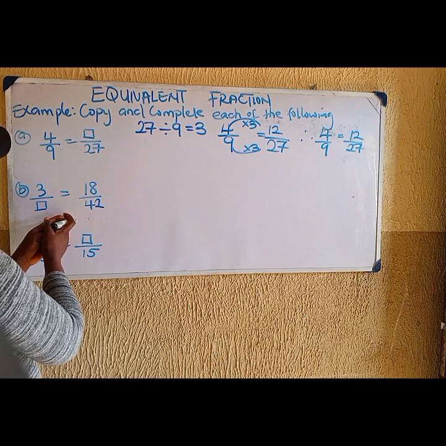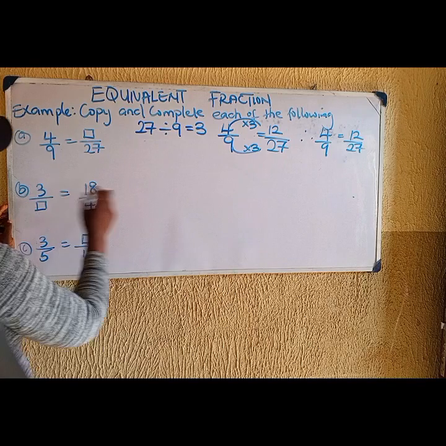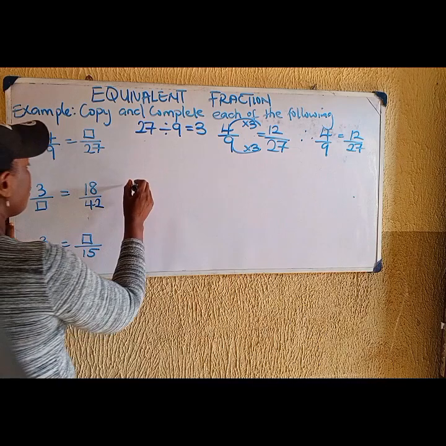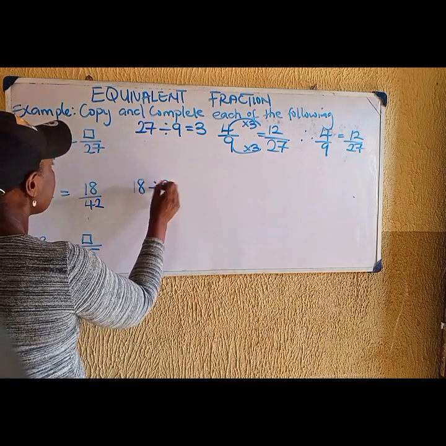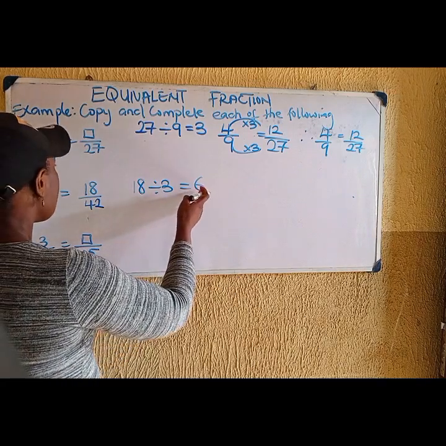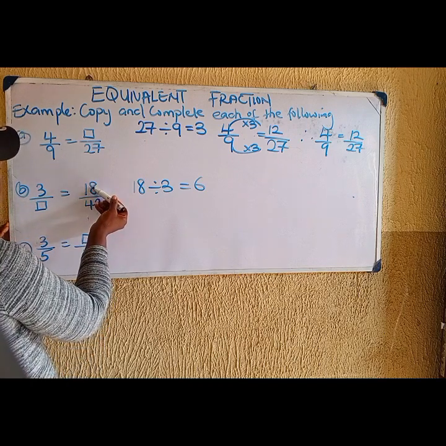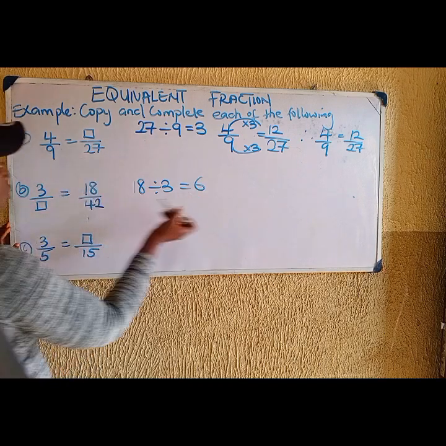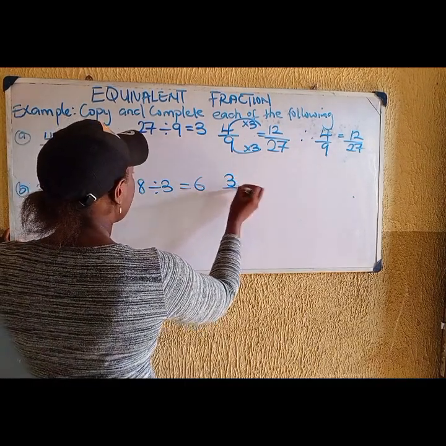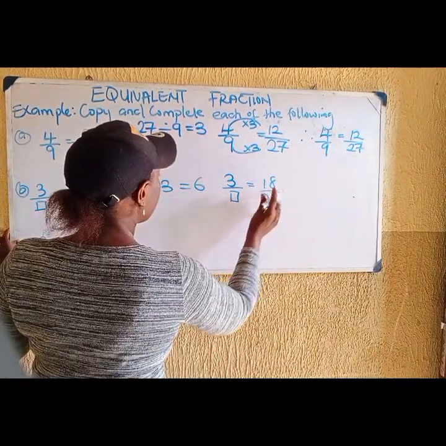Now coming to the second one, the one that is complete is the numerator. So we are going to divide the second numerator by the first numerator, which is 18 divided by 3, and that will give us 6. This 6 now is a divisor. So it means that we are going to divide by 6 to obtain this one. So we have 3 over box equal to 18 over 42.